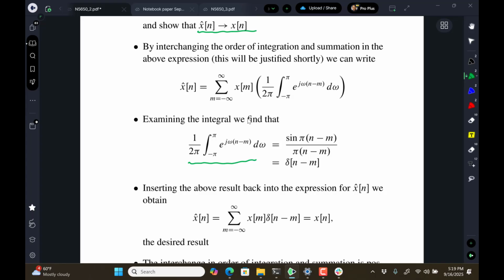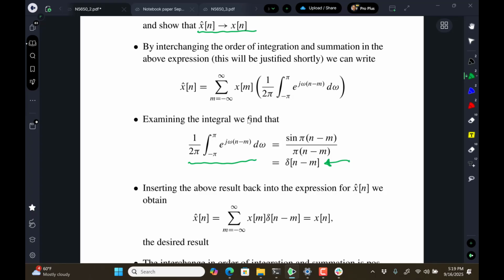And the sinc function for the discrete time version gives us this. It gives us a delta function. In the continuous time domain or continuous frequency domain, we wouldn't have the arguments like n and m. Here we do have n and m as integers.